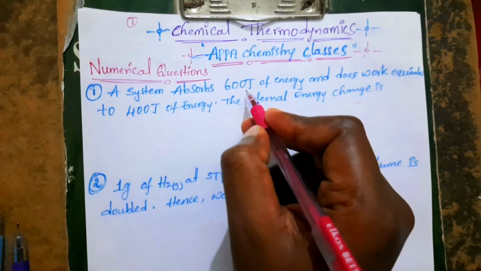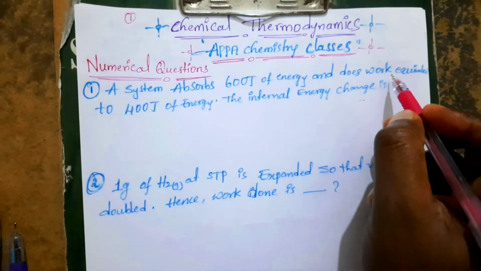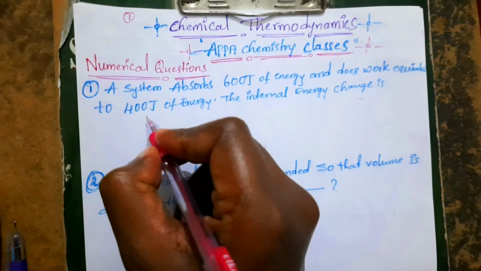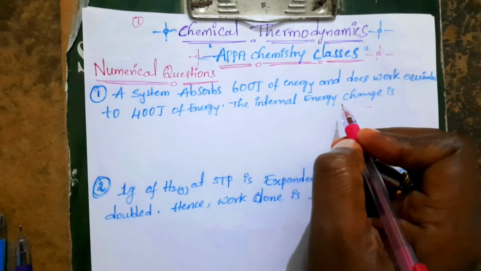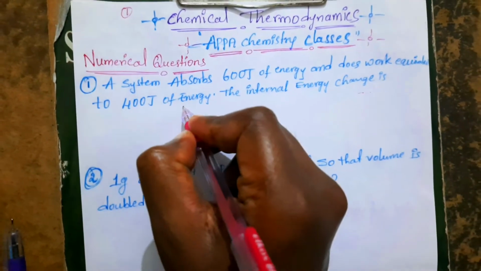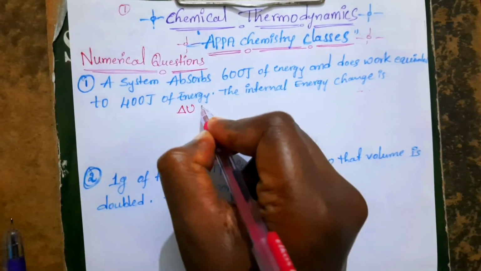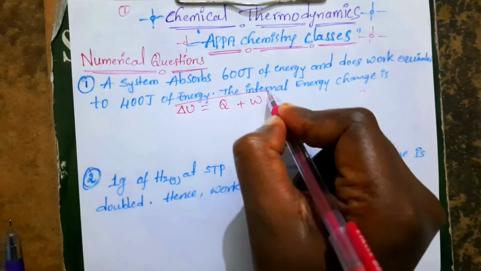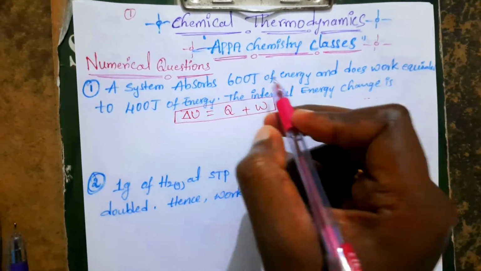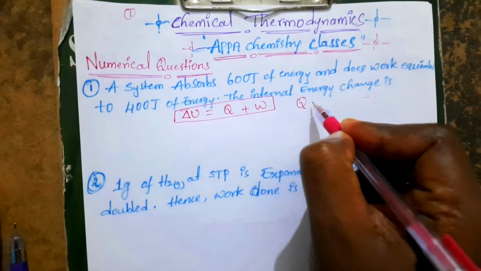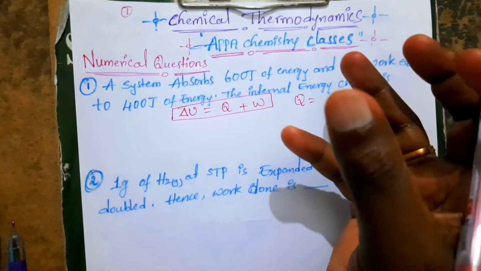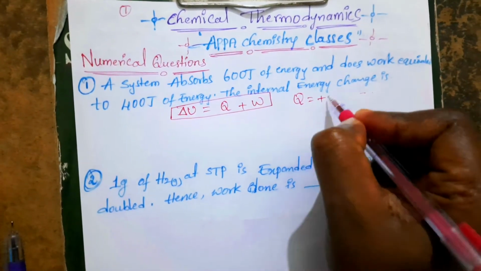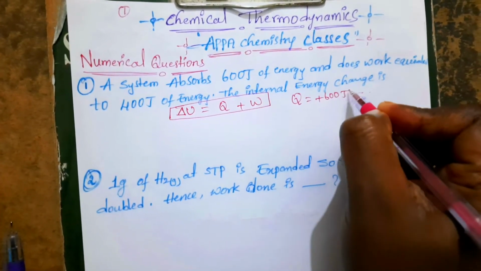A system absorbs 600 joules of energy and does work equivalent to 400 joules of energy. The internal energy change is how much they are saying. We know that change in internal energy is equal to Q plus W from the first law of thermodynamics. Q is 600 joules of energy absorbed, that is plus 600 joules.